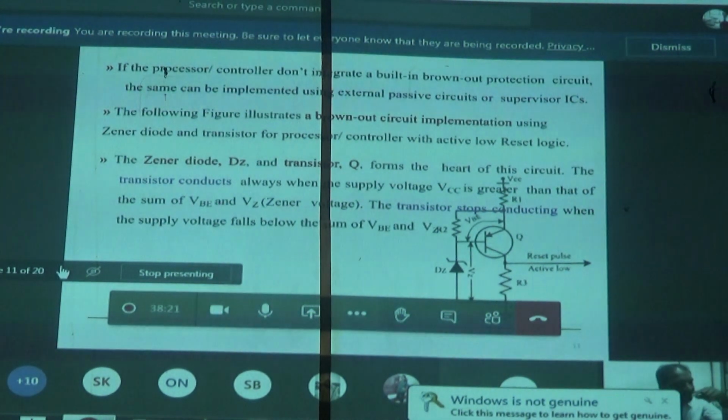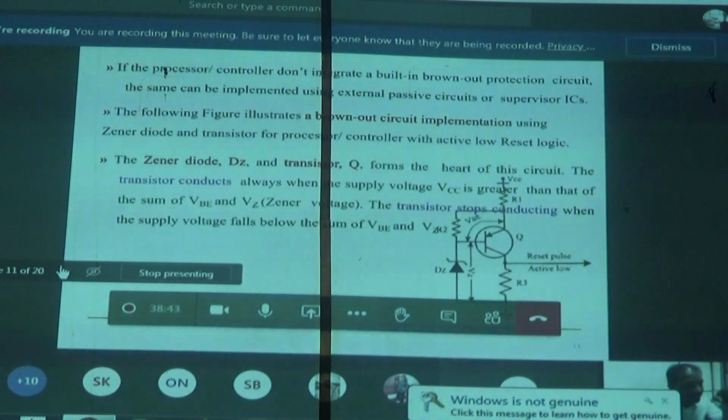The transistor conducts when the supply voltage VCC is greater than the sum of VBE and VZ. So if your supply voltage is 10 volts and the sum of VBE and VZ is 8 volts, then this transistor is going to conduct.